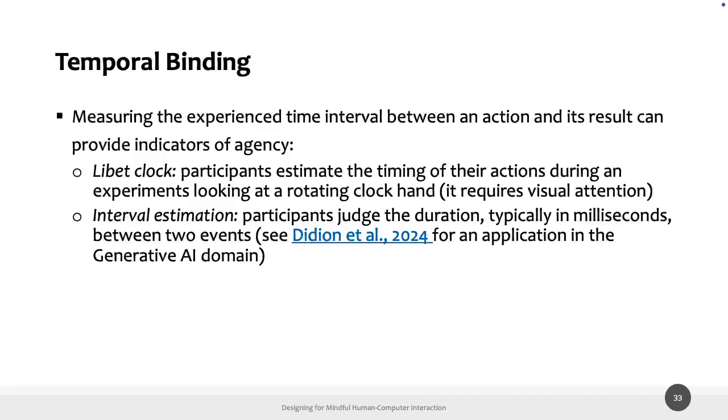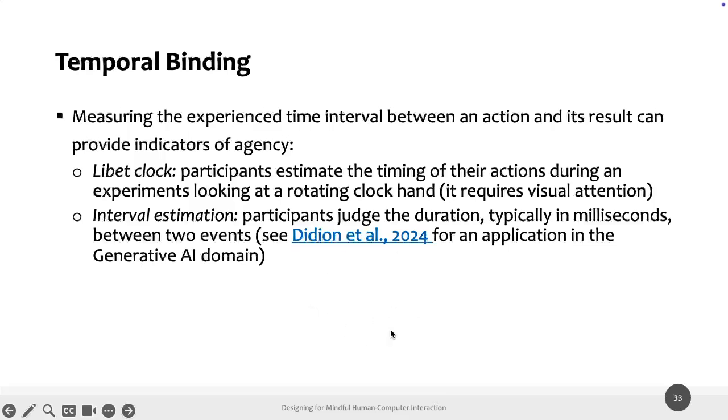When visual attention is important, you can also use interval estimation. So participants judge the duration, typically in milliseconds, between two events. And from these judgments, you can understand if the user feels in control or not about their actions.